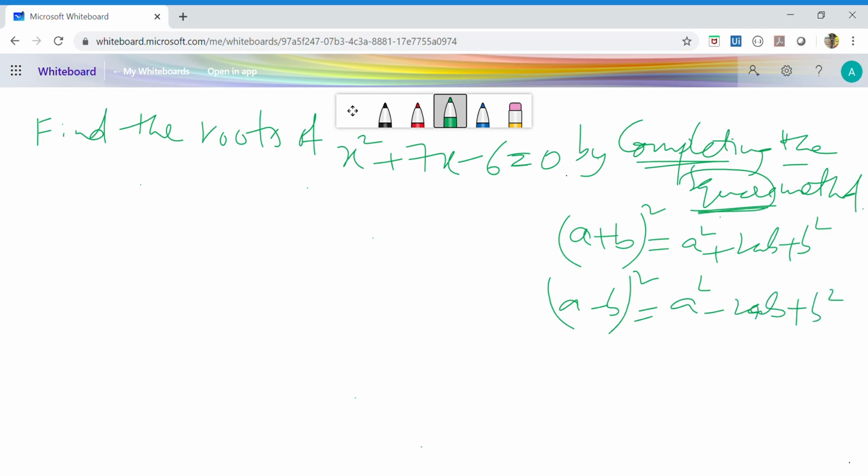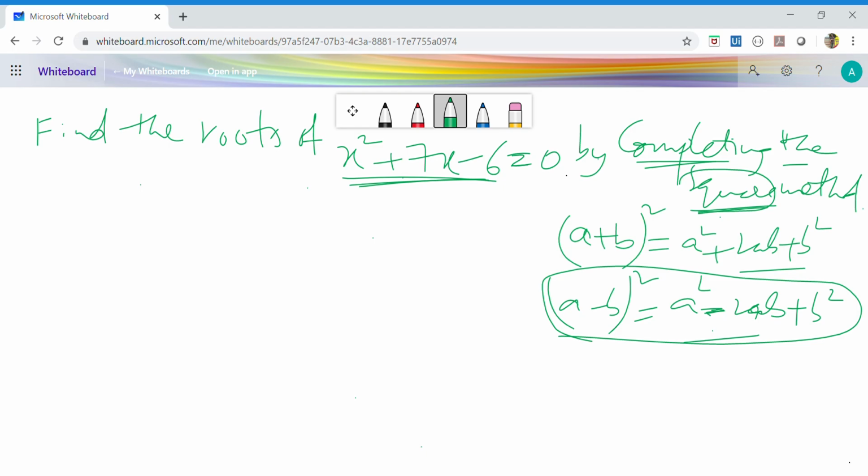Our intention is that you have to make the LHS of the given quadratic equation either in this form or in this form, according to the given sign. So I have to convert x square plus 7x minus 6 into the required form.